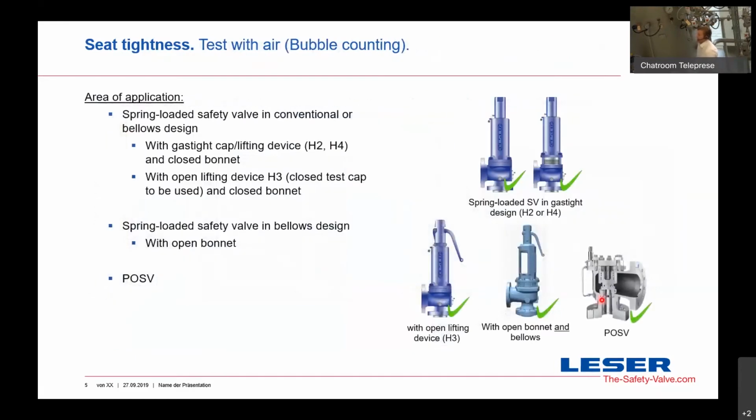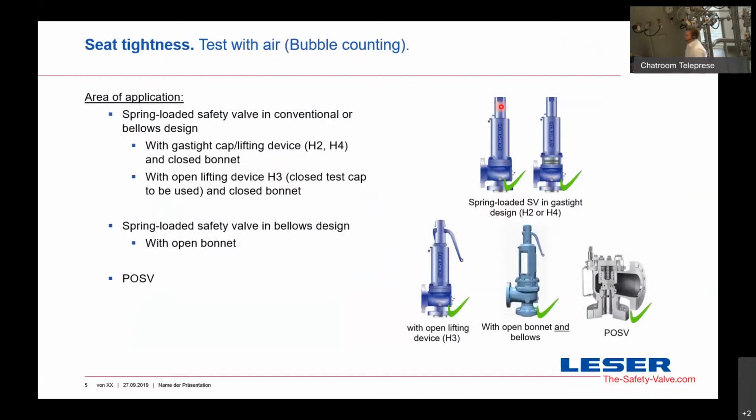On the next slide we see the different designs of a safety valve. If we do a test with air, the bubble counting method, we have to look at which designs we can use. On the right side, there is, for example, a spring-loaded safety valve in a gas-tight design. You can use it with a cap H2 or cap H4.